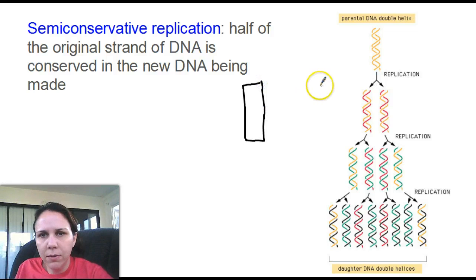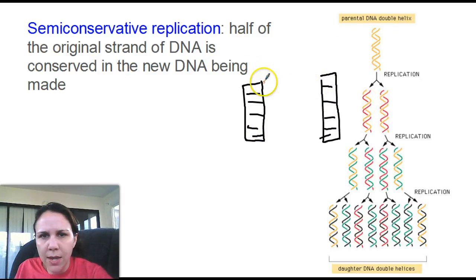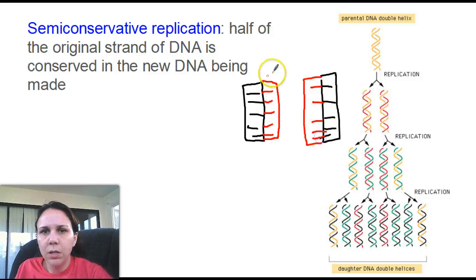I take half and half. So I rip my paper in half like this. And instead of photocopying the whole thing, I only photocopy the other half, like this. And I still have two new copies. They're identical to each other, but you can see I have saved half of my original piece of paper.